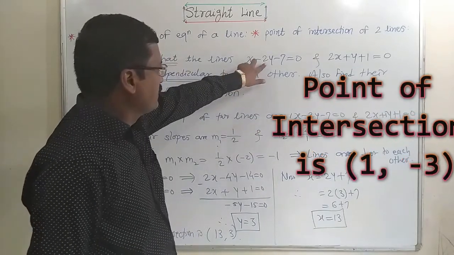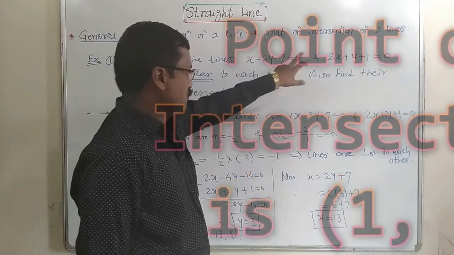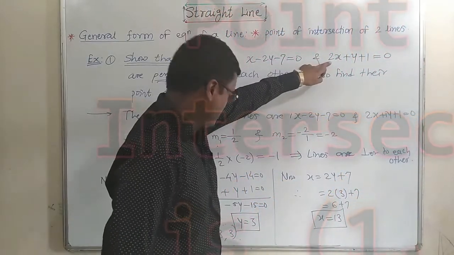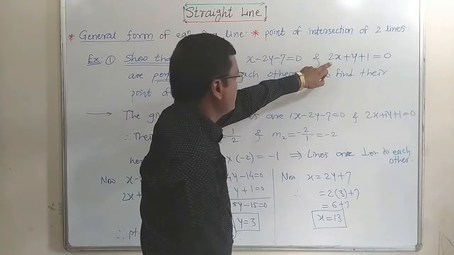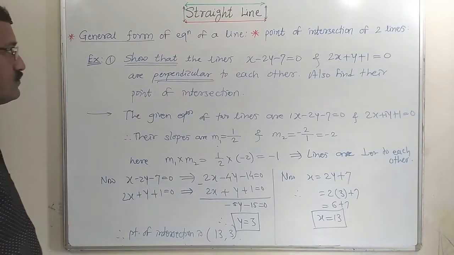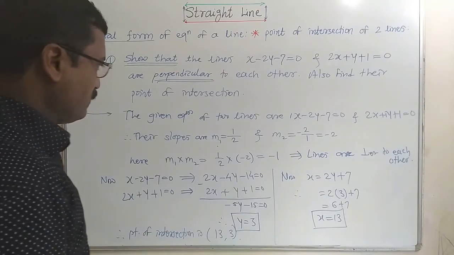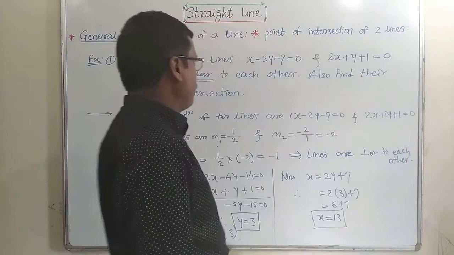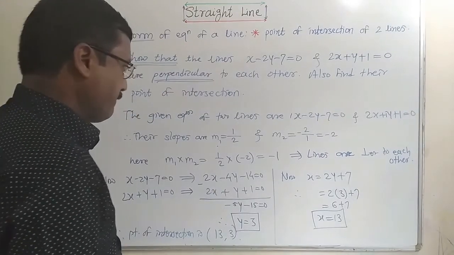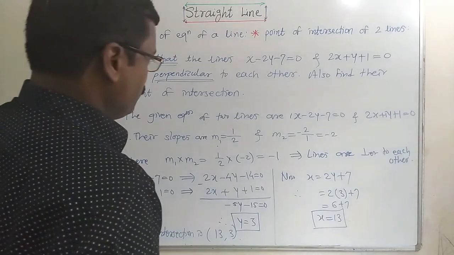x equal to 13 minus 6, that is 7, 7 minus 7 is 0. Then 13 into 2, that is 26, something wrong because it does not satisfy this equation. x is equal to 2y plus 7.